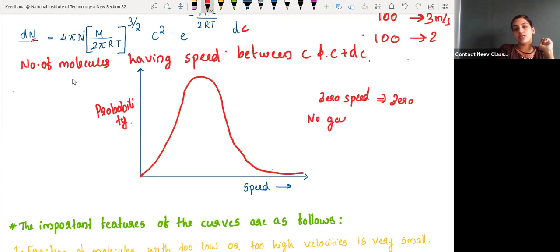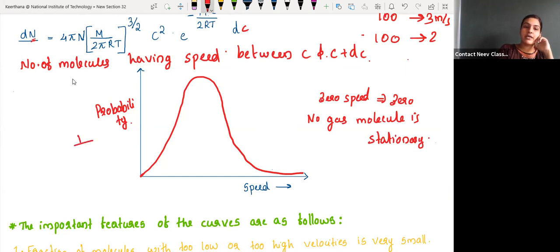Every molecule is in rapid random motion at any time, with a certain speed. So this is the probability curve which they drew.